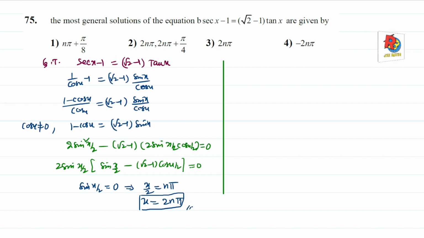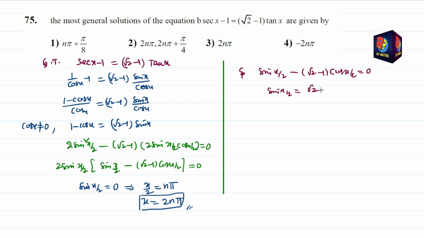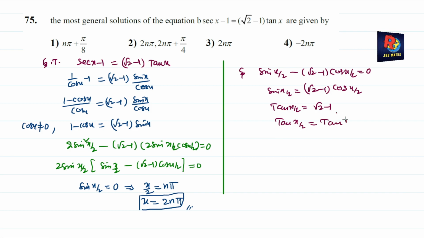Another solution: sin x by 2 minus root 2 minus 1 cos x by 2 equals 0. So sin x by 2 equals root 2 minus 1 cos x by 2. Taking cos x by 2 to this side, tan x by 2 equals root 2 minus 1. This value is tan 22 and a half, that is pi by 8.